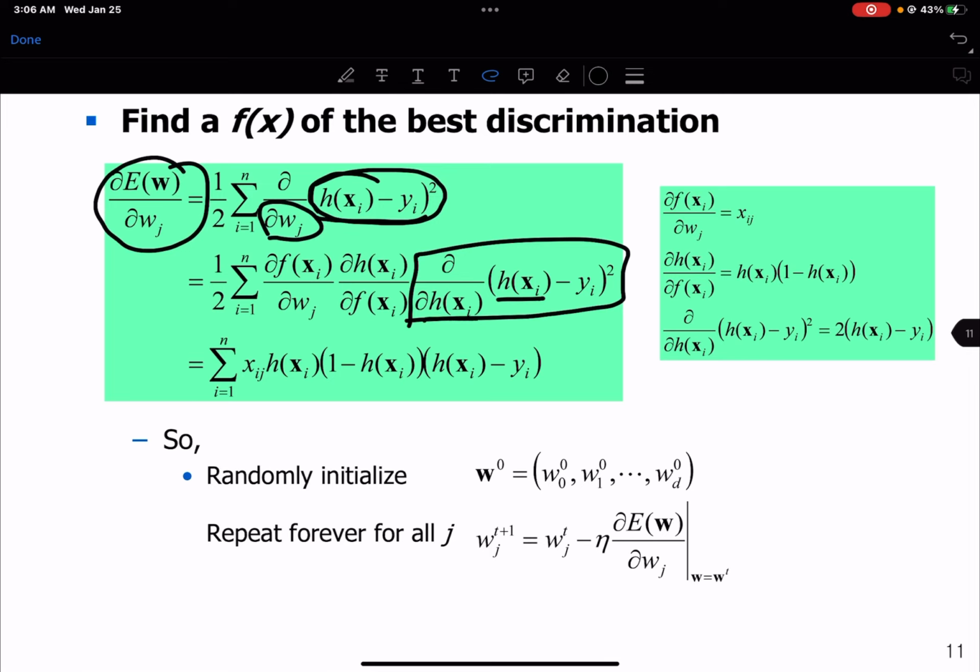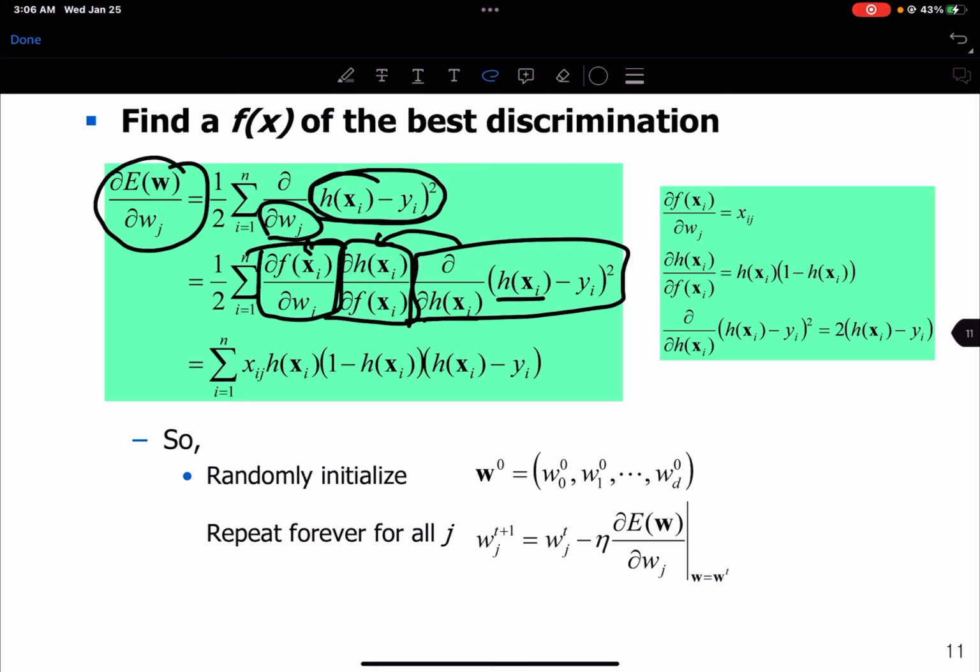We extract the information from here, and then when we have h of x, we go here and find the partial with respect to f of x, and then when we have our f of x, we can finally move to our wj.